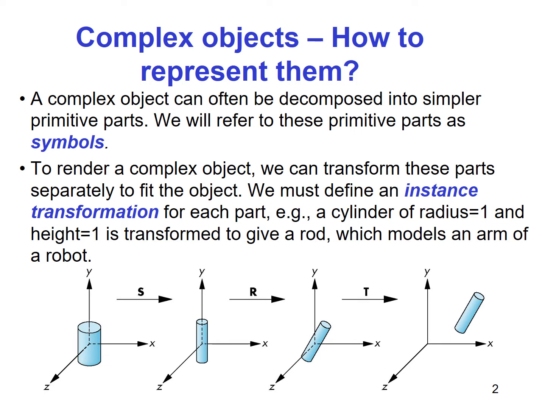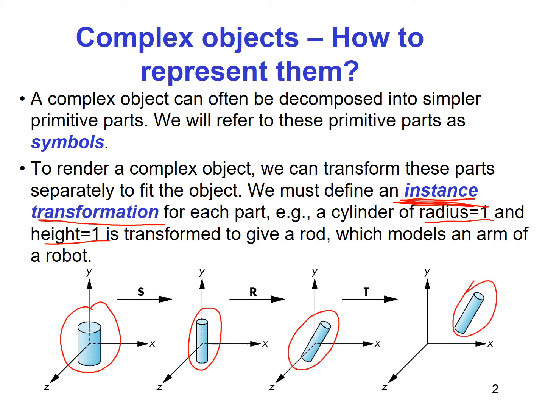We must define an instance transformation for each part. We put the word instance in front of the transformation to separate it from transformation of the complete object. For example, a cylinder of radius 1 and height 1 can be scaled and then transformed in different ways, for example, to make the hand of a robot.